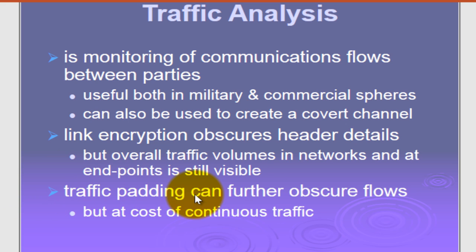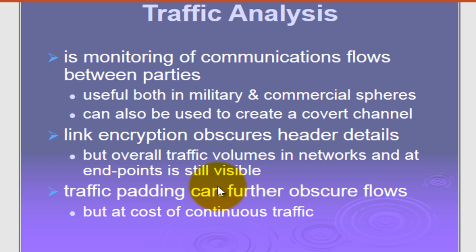Traffic padding is a process of adding some unused bits to your original packets. For example, if your packet size is 6 bits and you are transmitting 6 bits in a network, the attacker can easily identify that this much data is transmitting between these parties.